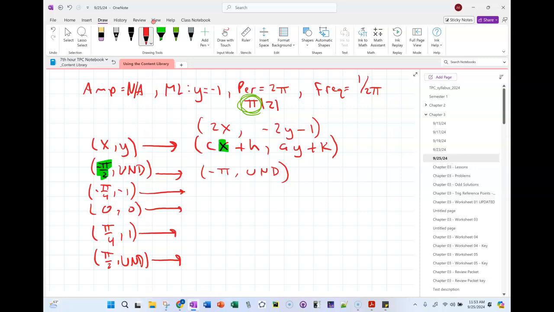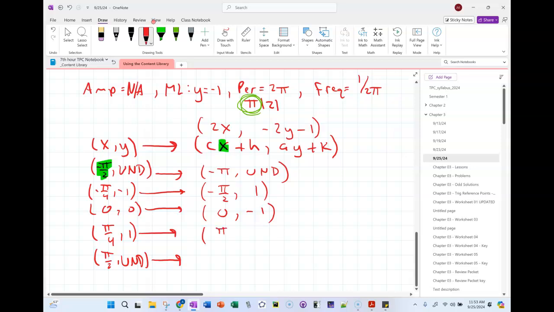And then I continue plugging in. 2 times negative pi over 4 is negative pi over 2. And then that'll give me a negative 1. So that's a 1 there. And then we got a 0 comma negative 1. We got a positive pi over 2 and then a negative 3. And then a positive pi undefined.